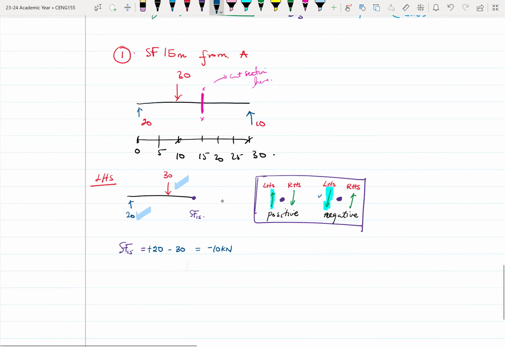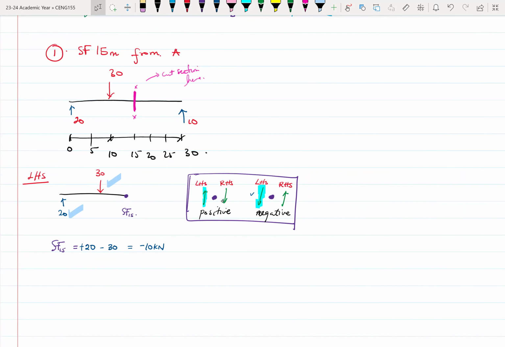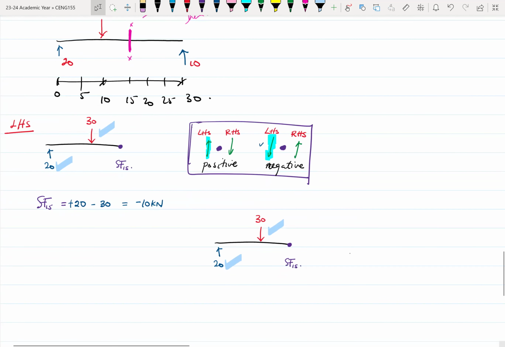So this is how we go about it. If this seems a little too strange to us, we can go by the one I mentioned earlier, whereby you indicate the direction of your shear force, which is going to act downwards. In this case, you are summing up vertical forces only.